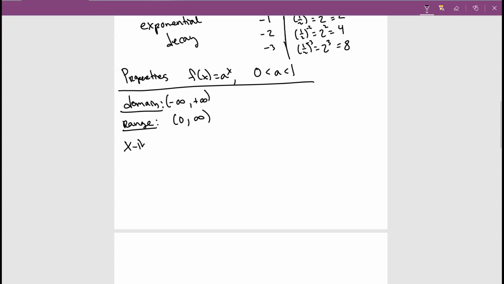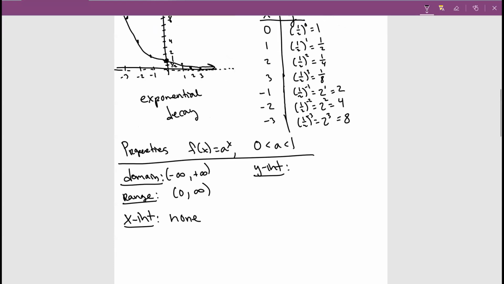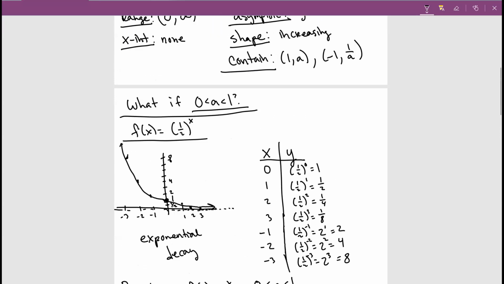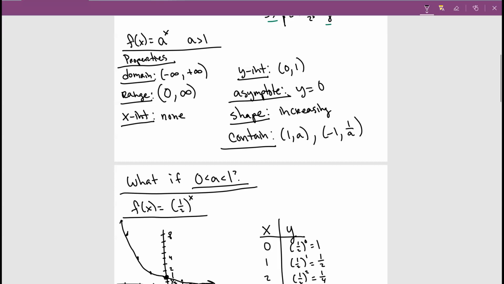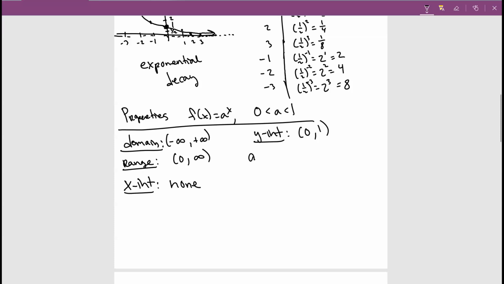Do I have any x-intercepts? Same thing, none. Do I have any y-intercepts? Yes, I do, still at (0, 1). So that hasn't changed. Everything is the same as exponential growth. What about my asymptote? It's still at y equals 0.